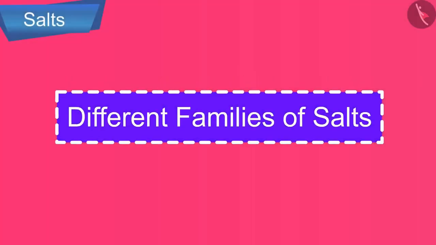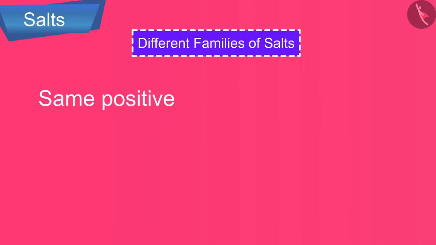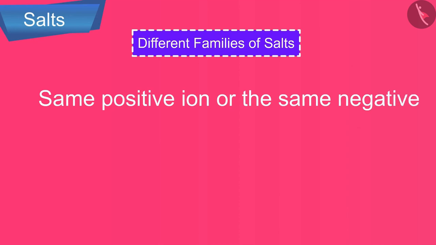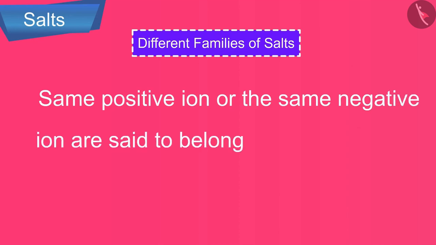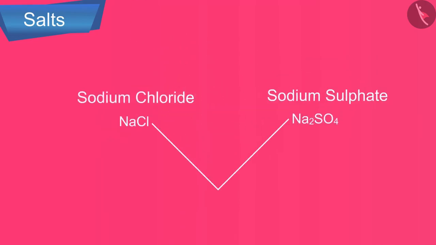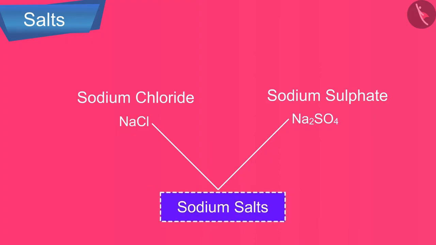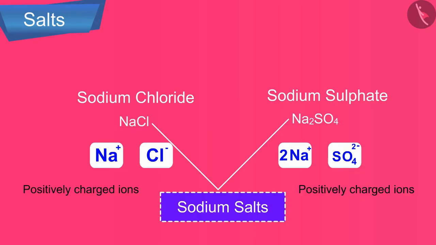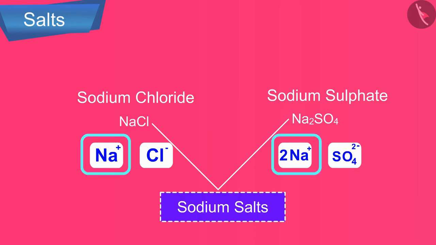Now, let us discuss the different families of salts. The salts having the same positive ion or the same negative ion are said to belong to a family. For example, sodium chloride and sodium sulfate both belong to the same family of salts called sodium salts. Why? Because they both contain the same positively charged ions, sodium ions, Na+.